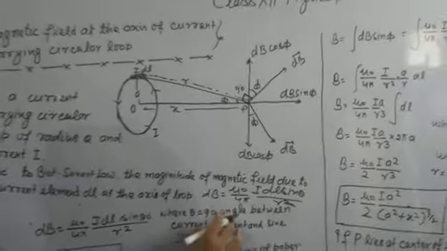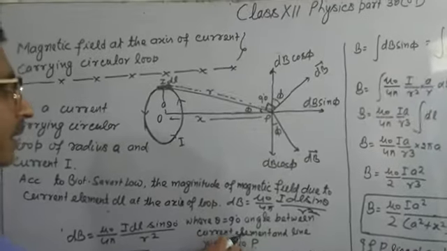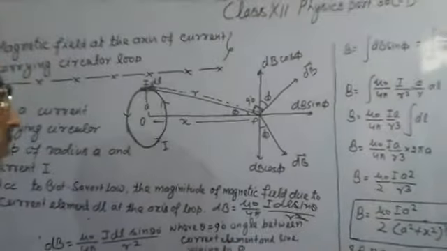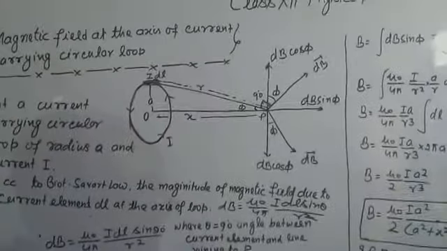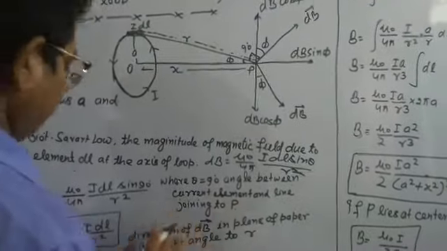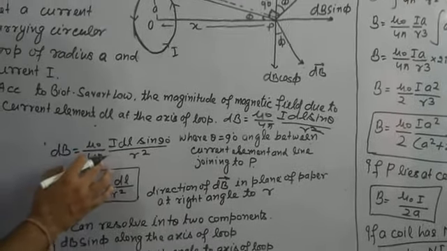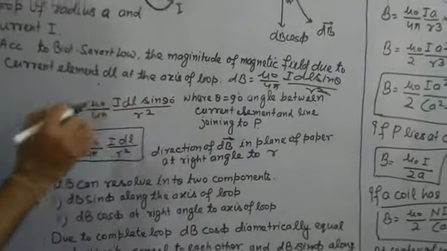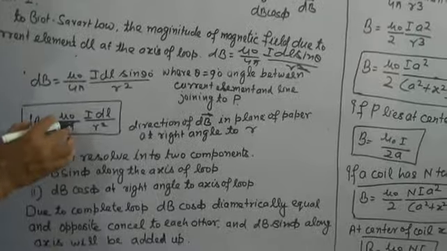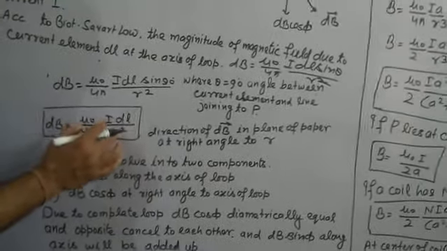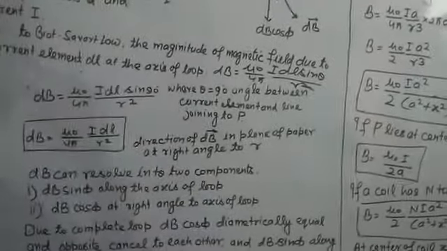where theta equals 90, the angle between the current carrying element and the line joining P to the current element. Therefore, dB equals mu naught upon 4 pi I dl sin 90 upon r square, so dB equals mu naught upon 4 pi I dl by r square.